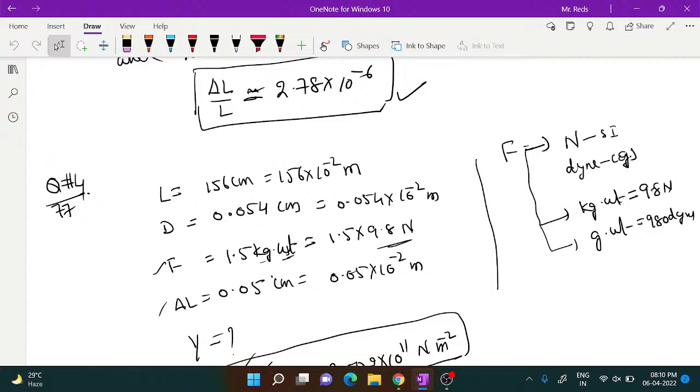One second. What is that? What is given here? Let us see once again.